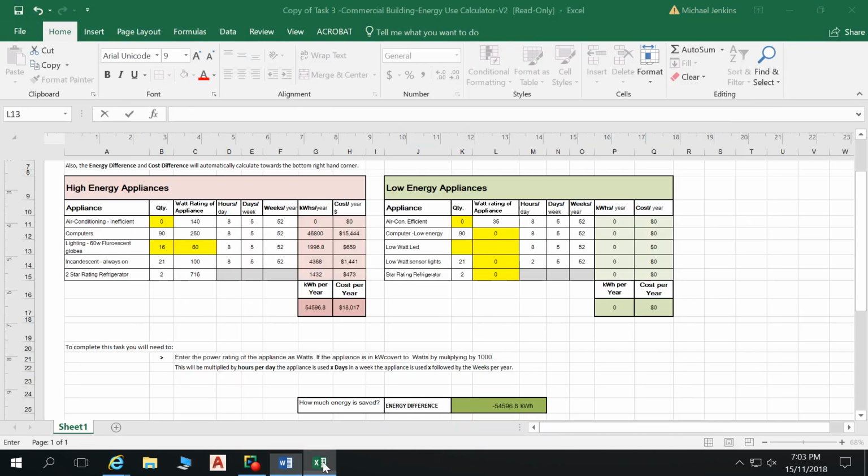So if we then refer back to our spreadsheet, those figures are given to you. So the watt rating of our inefficient air conditioning system is 140 because we need 140 watts per square meter to run that. It's got to be running for 8 hours a day, 5 days a week, 52 weeks of the year.